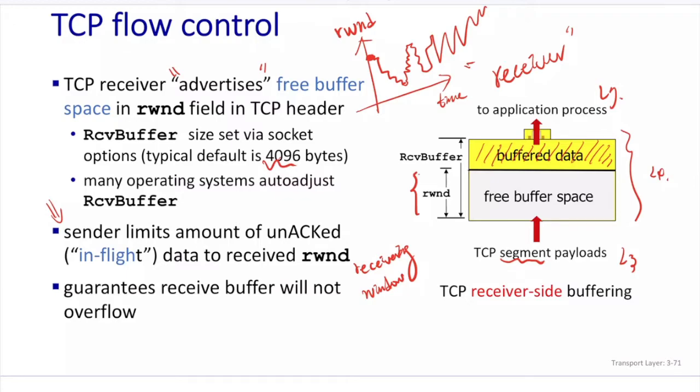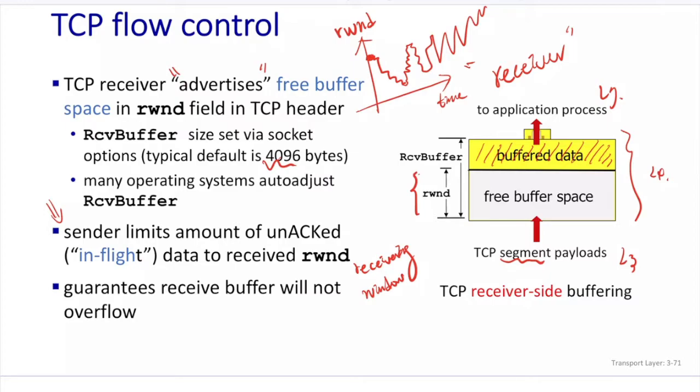So it can guarantee the receiver buffer will not be overflowed or overwhelmed by the sender. So that is an advertisement mechanism controlled by the receiver. The receiver can report how much free buffer space there is, and the sender will monitor the free buffer space so that we will not overflow the receiver.